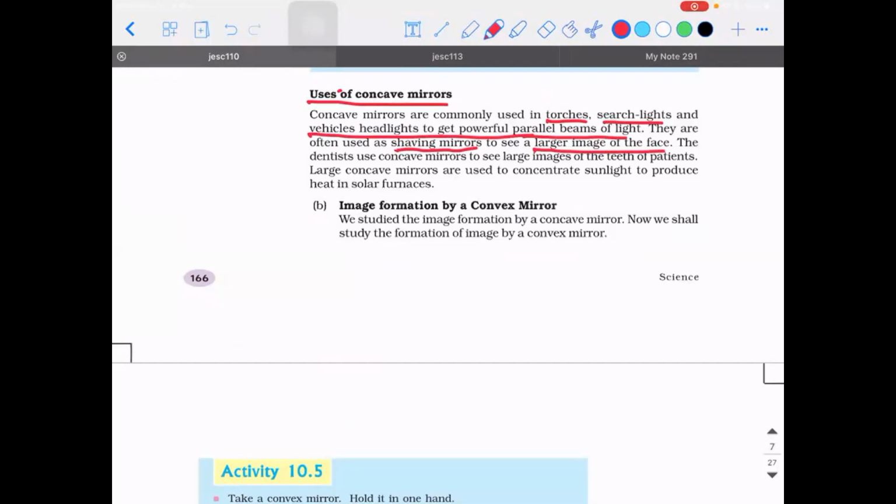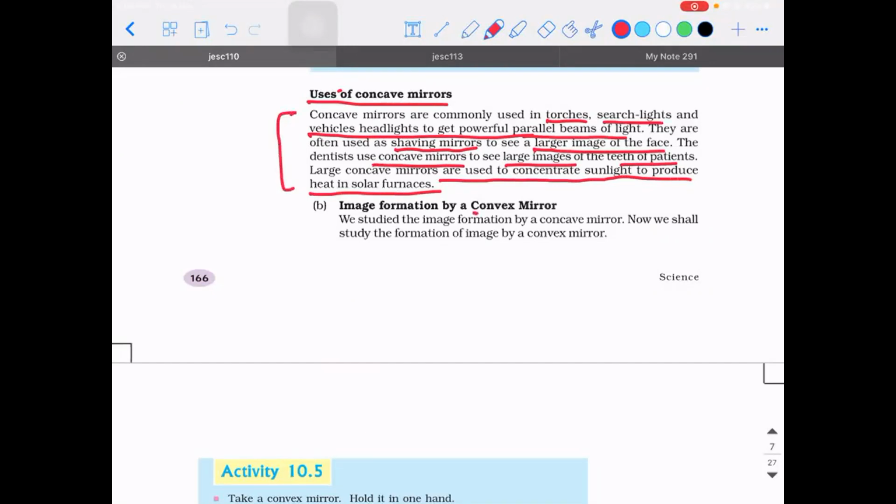I'm not sure if you guys have seen it. Between F and P. It should be between the focus and the pole. Okay. Similarly, dentists also use concave mirrors to see large images of the teeth of patients. Large concave mirrors are also used to concentrate sunlight to produce heat in solar furnaces. So these are all the uses of concave mirrors.